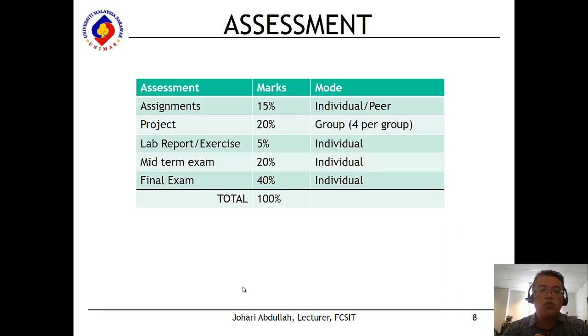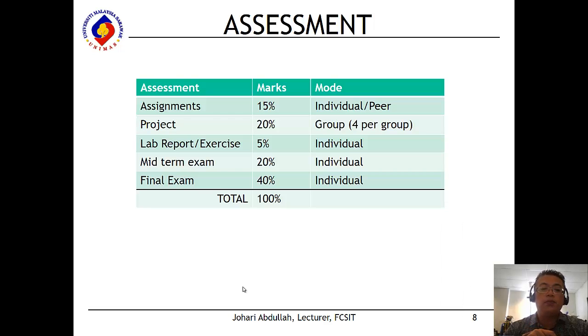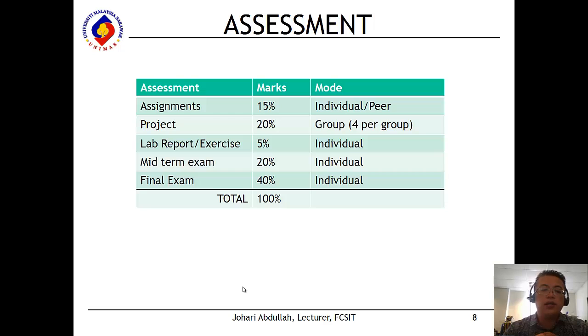So the best thing to do, let's say you're given 4 weeks to do assignment 1, is that immediately when the assignment is released, you download it and go through it quickly. Probably you don't understand anything about it, but you have to go and read many times. The next thing is of course to try to solve the problems given in the assignment.